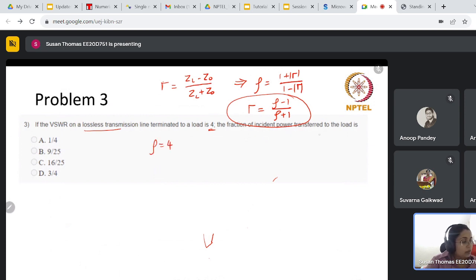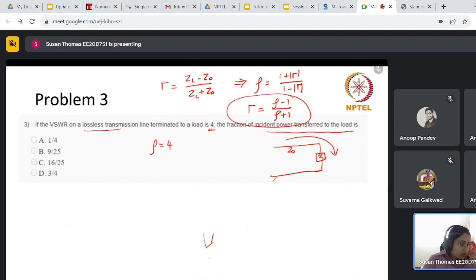We want the fraction of incident power transferred to the load. There is a Z0, there is a ZL, and some power is getting transferred to the load. We want to know how much that is, what fraction of the incident power is getting transferred to the load.